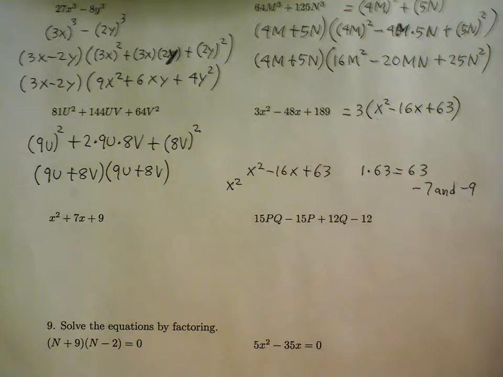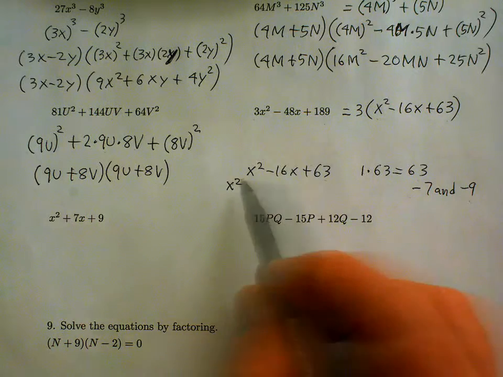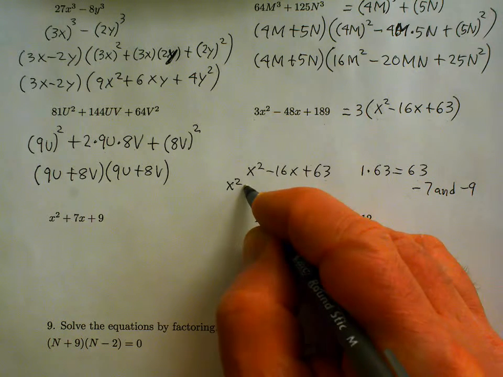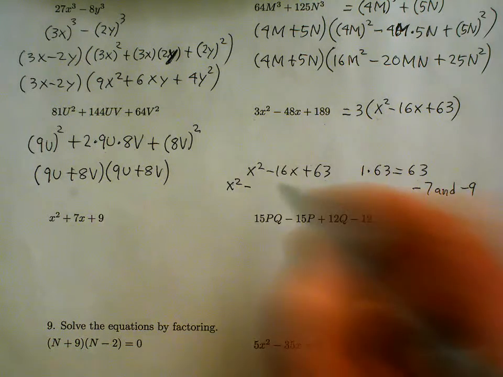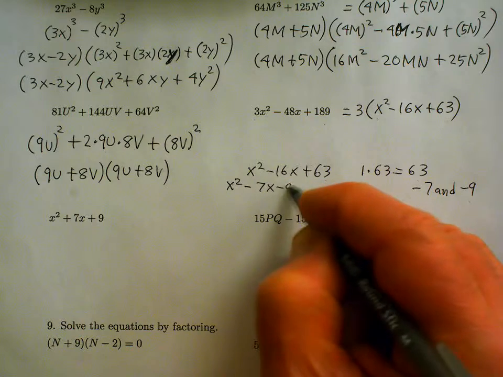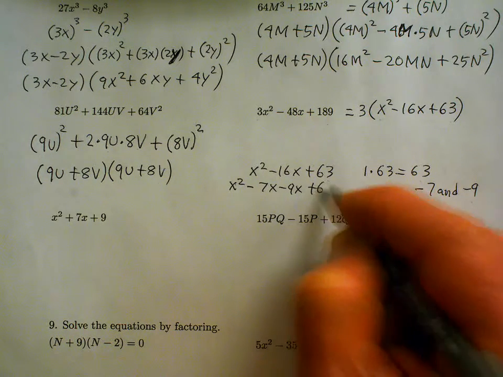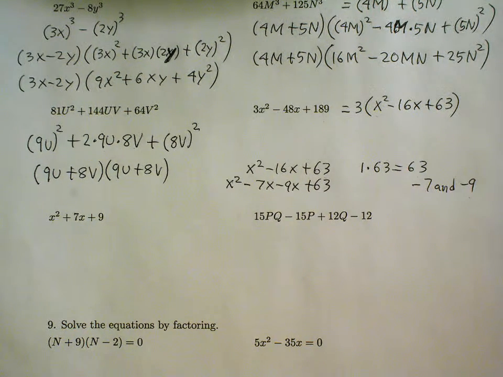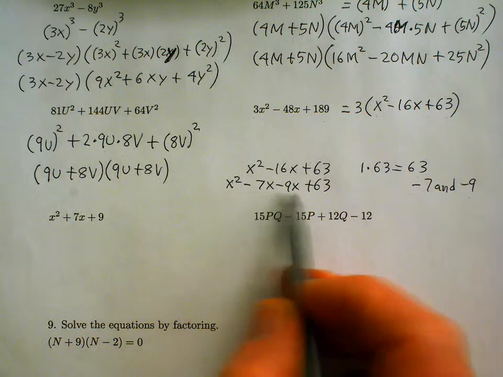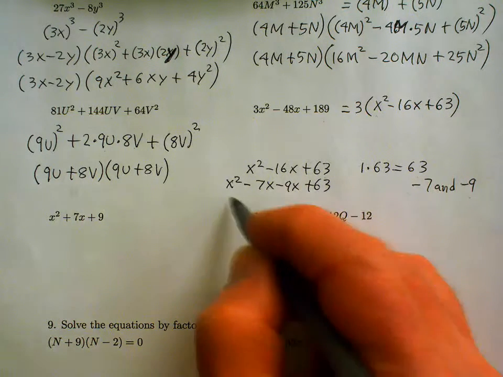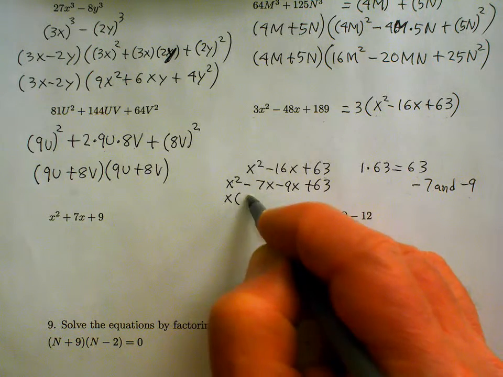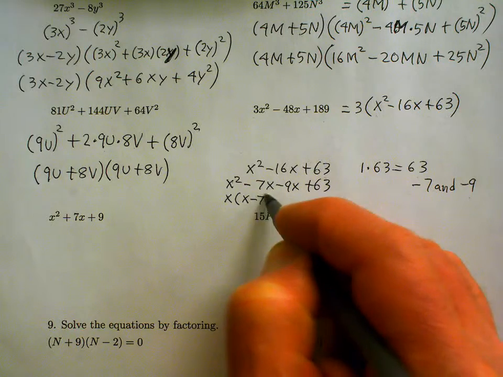So replace the trinomial with a quadrinomial, and we can write x squared minus 7x minus 9x plus 63. Then factor by grouping. Out of the first two terms, factor out x. So we get x times x minus 7.